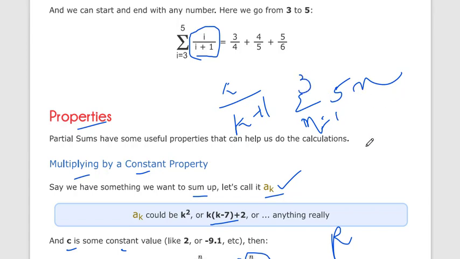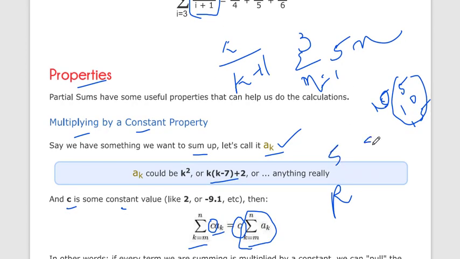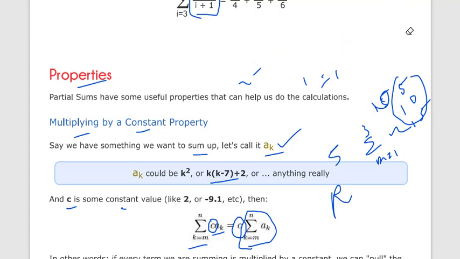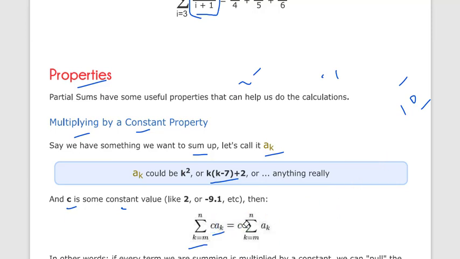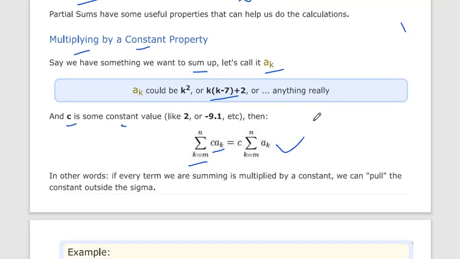The first term will be 5, second 10, and third 15, and you can add them like this. Or you can common out 5 and make it 5 times the sum of n for n equals 1 to 3. It will become easy in multiplication if we common out the constant value.